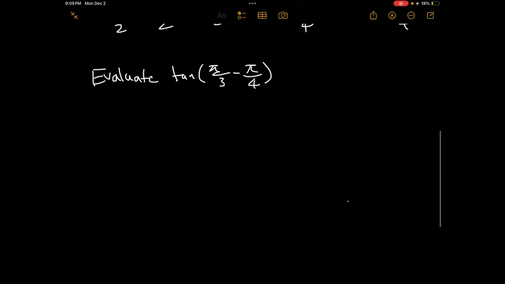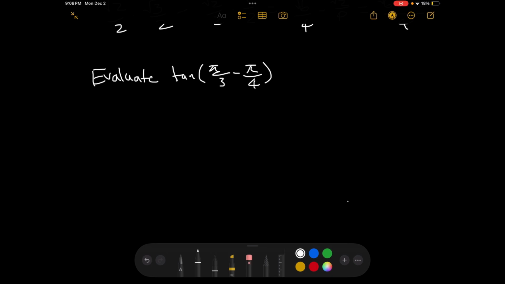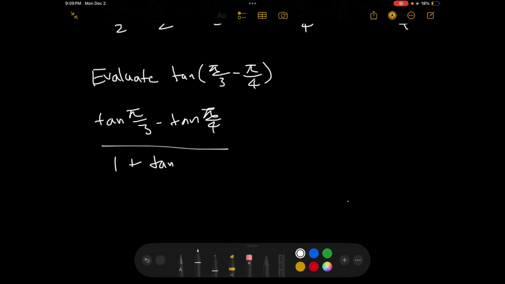Alright, lastly, let's go to tan of pi over 3 minus pi over 4. Using the tangent angle subtraction formula, we get tangent of pi over 3 minus tangent of pi over 4 divided by 1 plus tangent of pi over 3 times tangent of pi over 4.